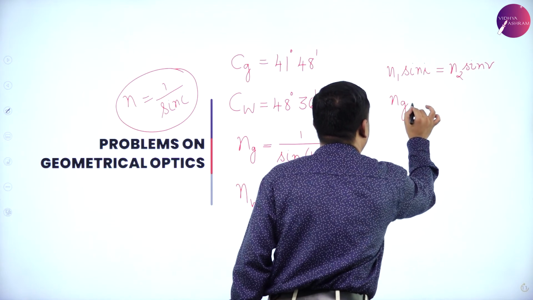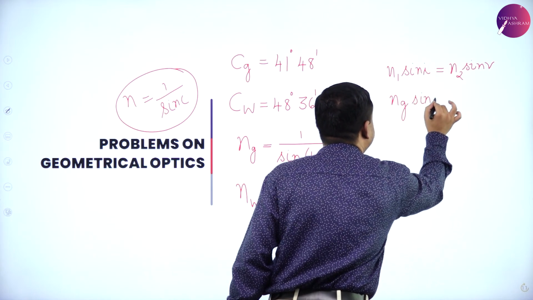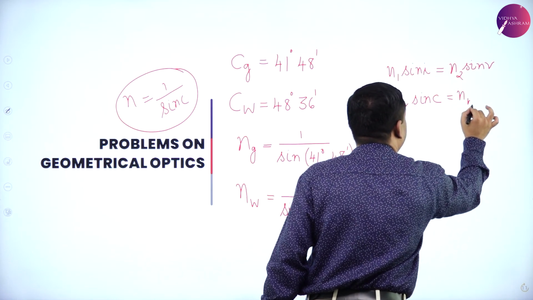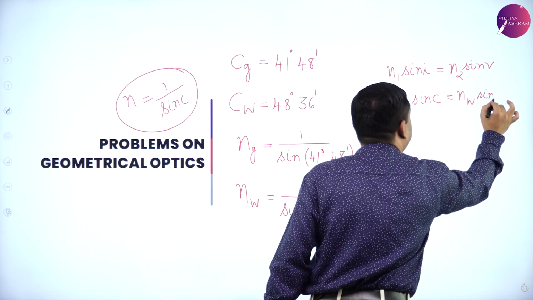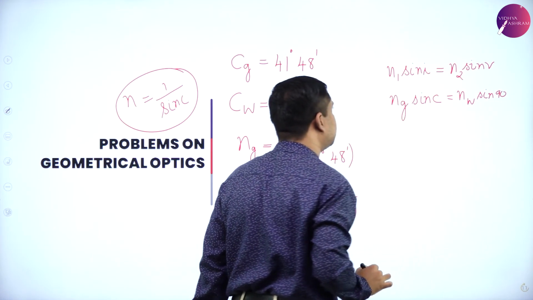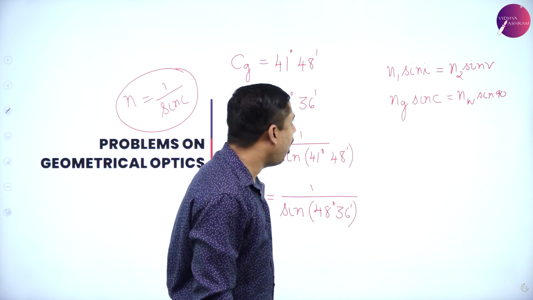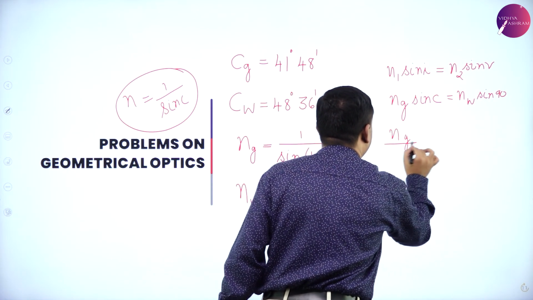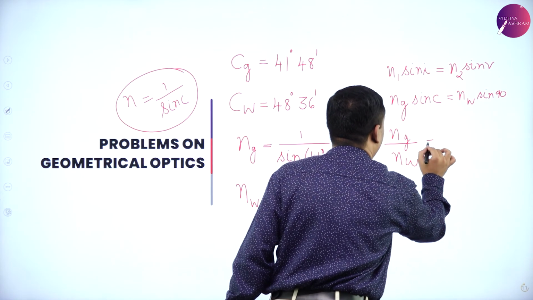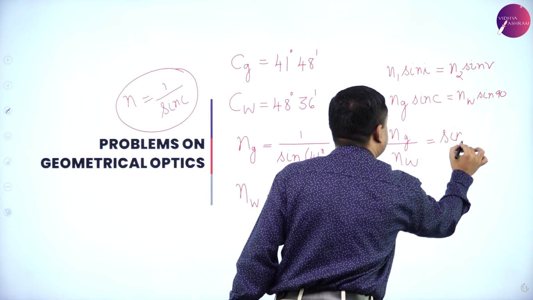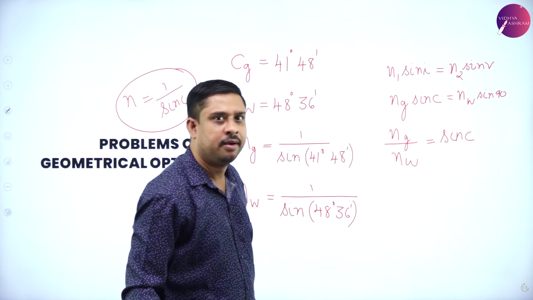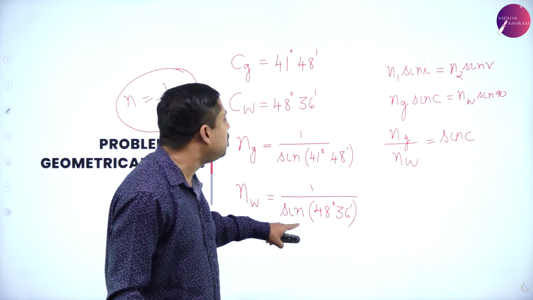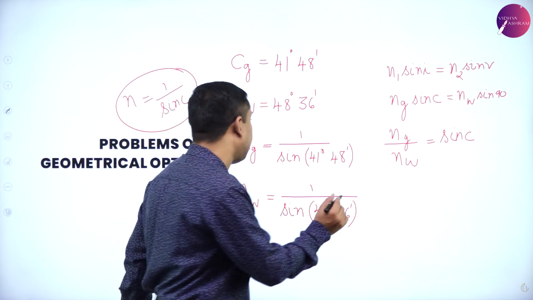Refractive index of glass sine C equals Nw sine 90 degrees, or Ng by Nw is sine C. Now substitute. Ng by Nw, taking it, becomes reciprocal.